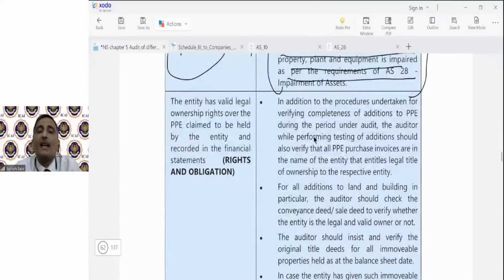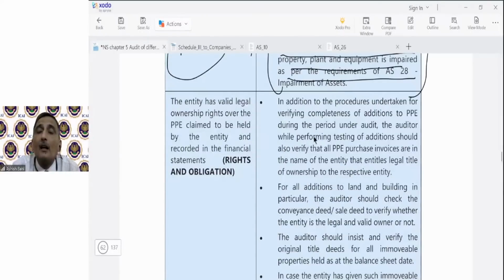So rights and obligations we have already covered, students. Like if you are verifying a machinery item, obviously you would be testing it from the purchase invoice. That purchase invoice is in the name of the company which you are auditing.